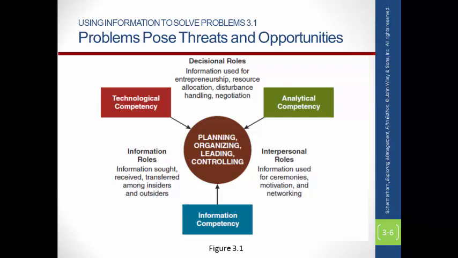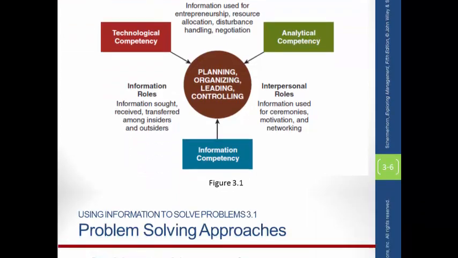It could be related to entrepreneurship, resource allocation, disturbance handling, or negotiation. With interpersonal roles, information can be used for ceremonies, motivation, networking, and in informational roles, that information is sought, received, and transferred among insiders and outsiders in the organization.